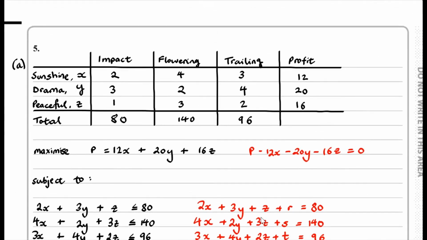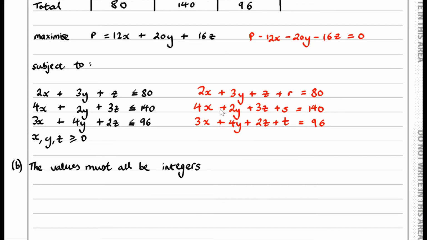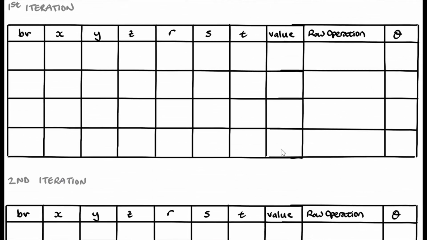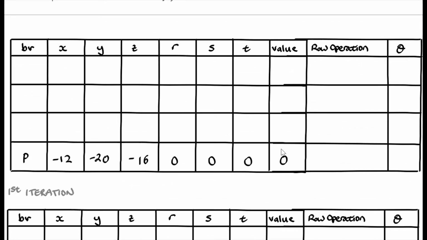And if you take a look at these 3 equations over here, noticing we have r, s, and t as our slack variables. For the basic variables, we have r, s, and t. For the first equation, that was an inequality before, we had 2x plus 3y plus z plus r equals 80.